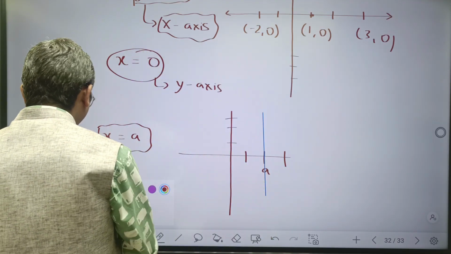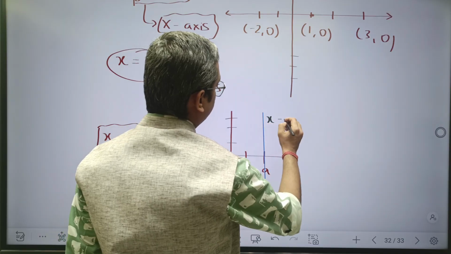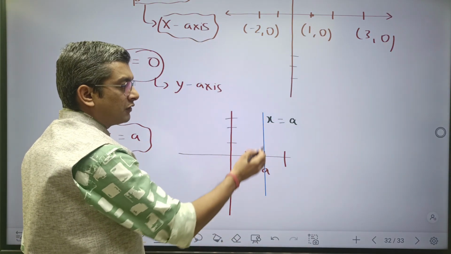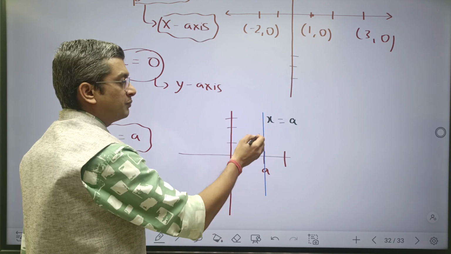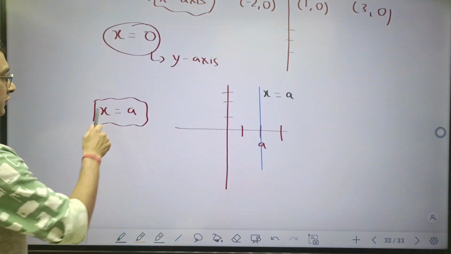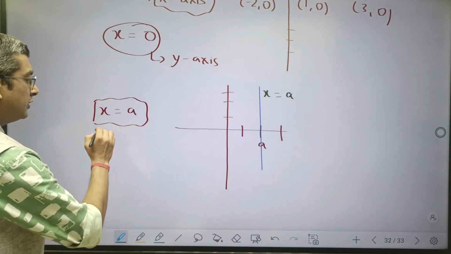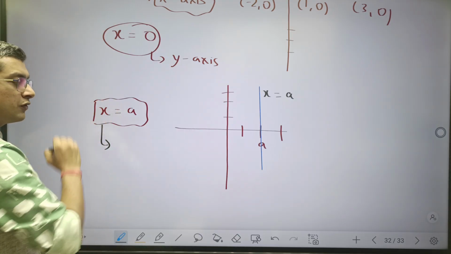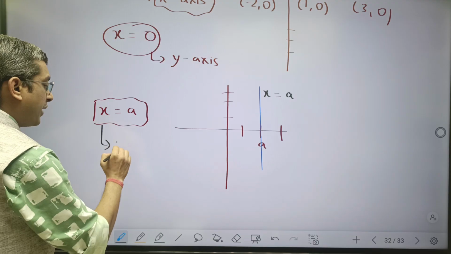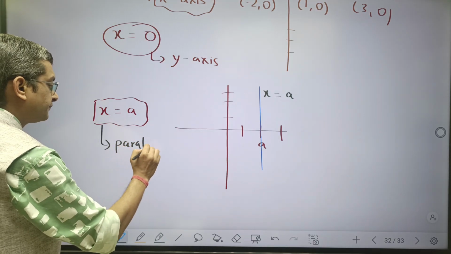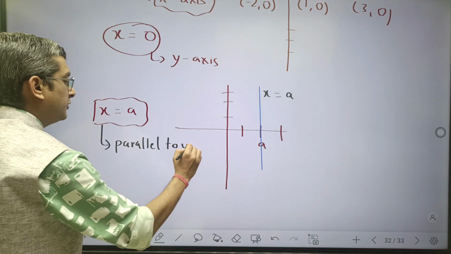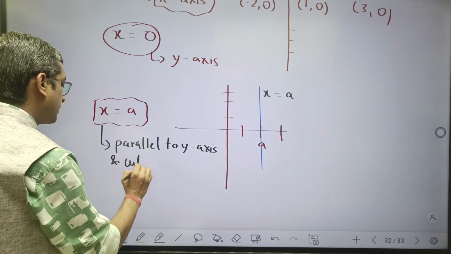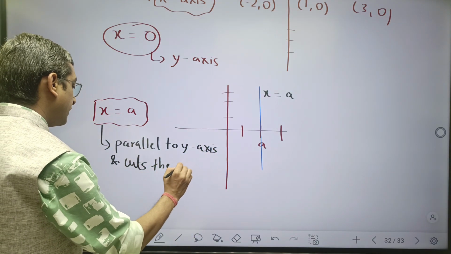So this line which is parallel to the y-axis represents x is equal to a, because at every point of this line the value of x is a. So what is being represented by x is equal to a? It is definitely a straight line because the degree of x is 1, but it is parallel to the y-axis and cuts the x-axis at a.